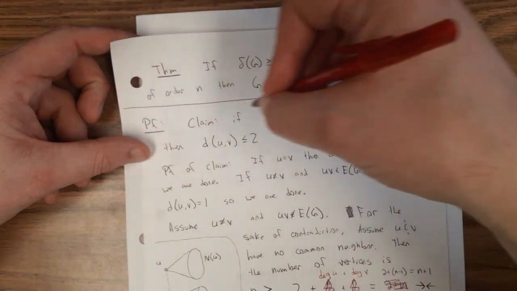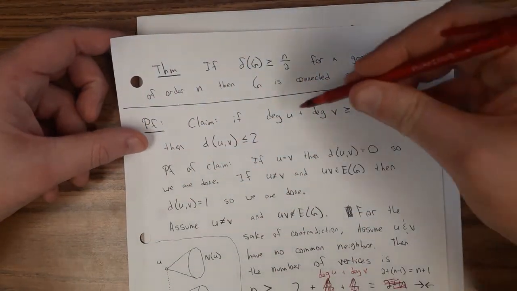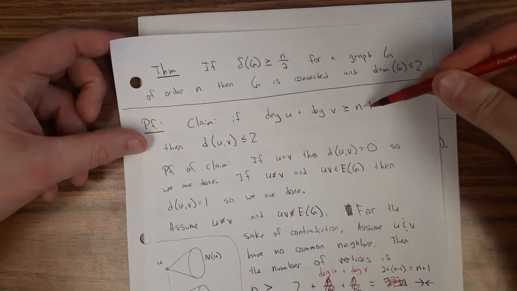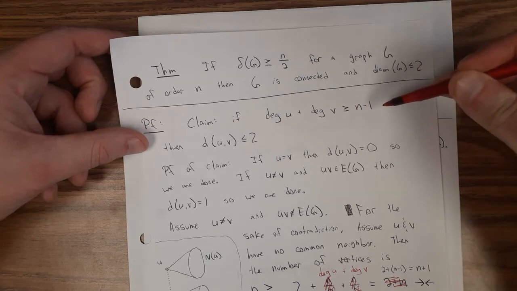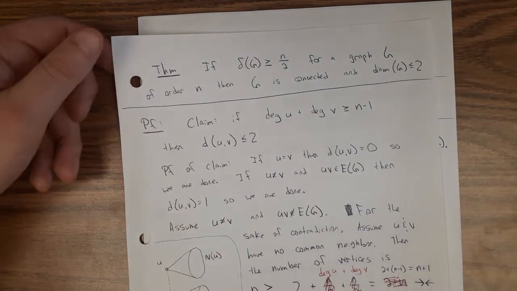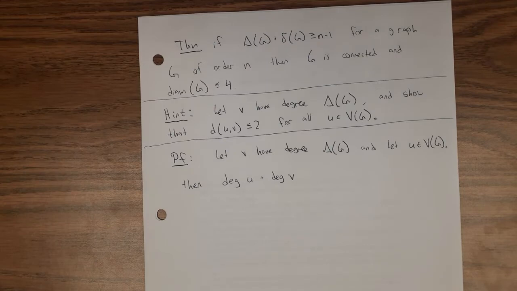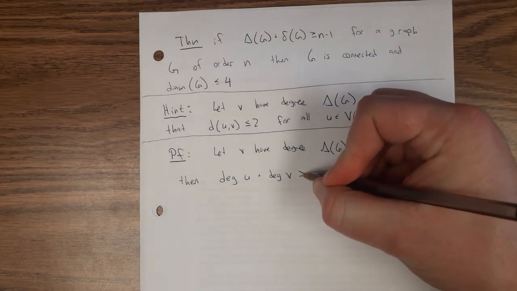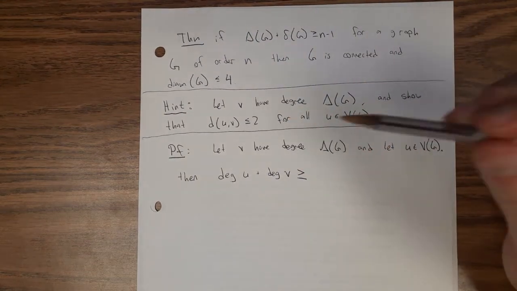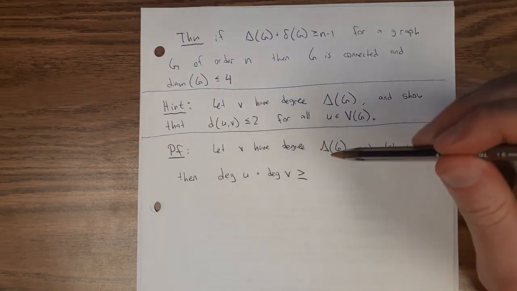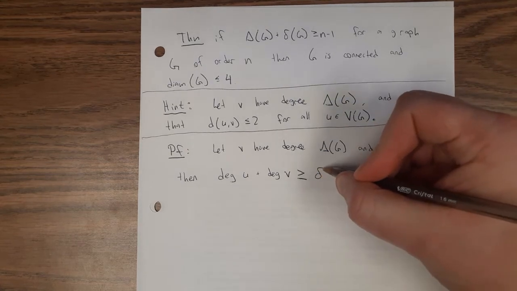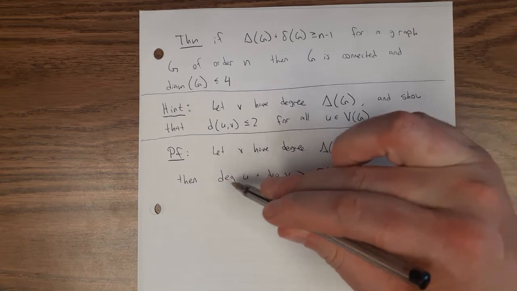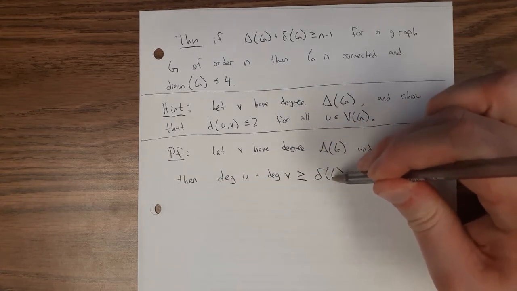It's this claim that if the degree of U plus the degree of V is at least n minus 1 in a graph of order n, then the distance is less than or equal to 2. Because we have that here. The degree of U is greater than or equal to the minimum degree, since the degree of any vertex is greater than or equal to the minimum degree.